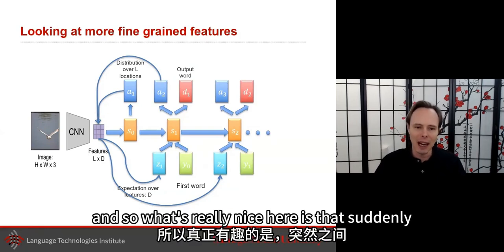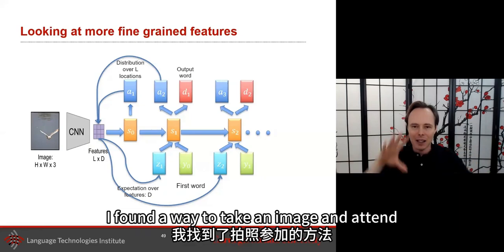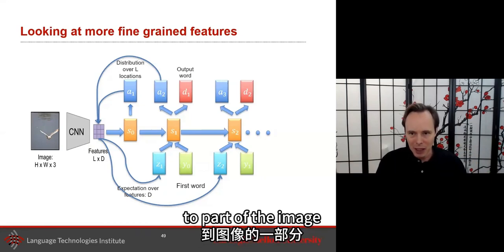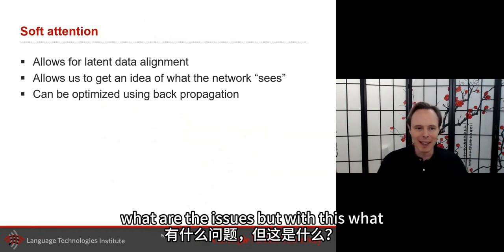And so what's really nice here is that suddenly I found a way to take an image and attend to part of the image. Now, what are the issues with this?